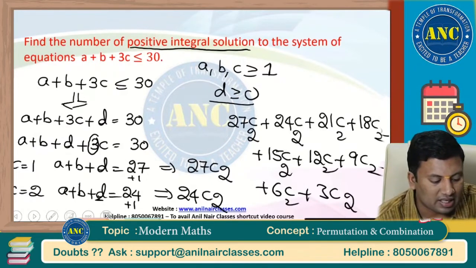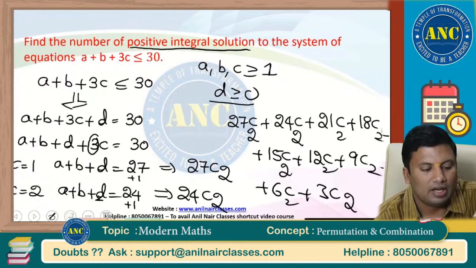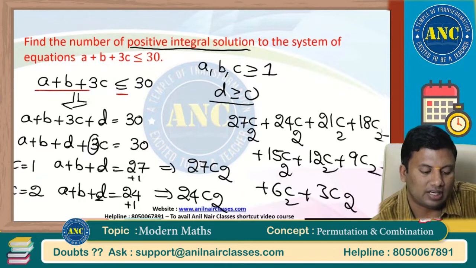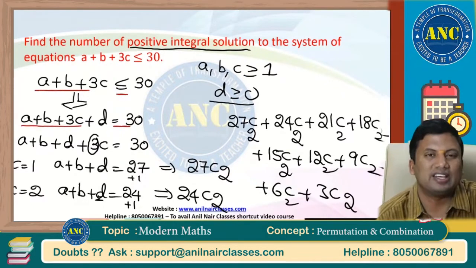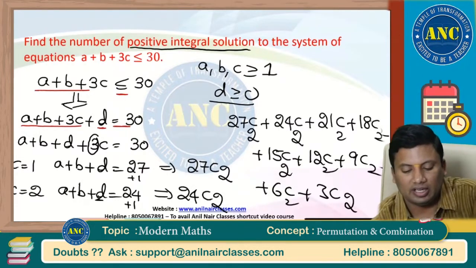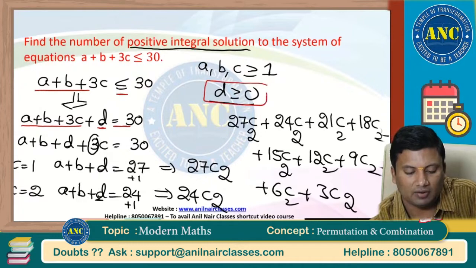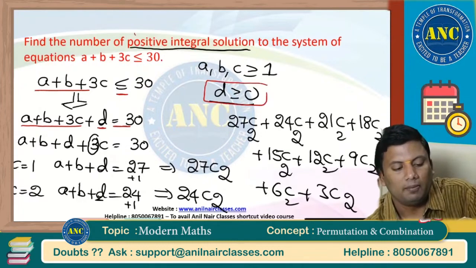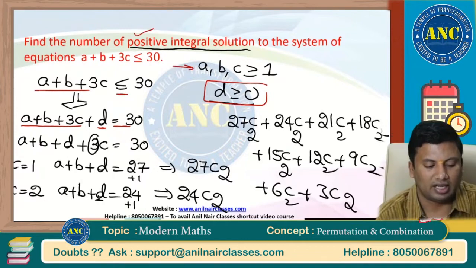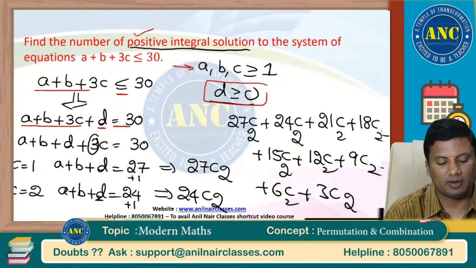I hope it is clear why d is 0. a plus b plus 3c is less than or equivalent to 30, it can be equivalent to 30. So a plus b plus 3c value can be 30, that means d can be 0. That is the reason d is greater than or equivalent to 0. Because it is a positive integral solution, a, b, c are greater than or equivalent to 1.